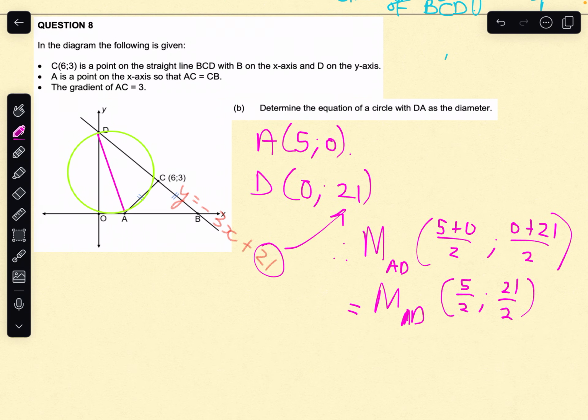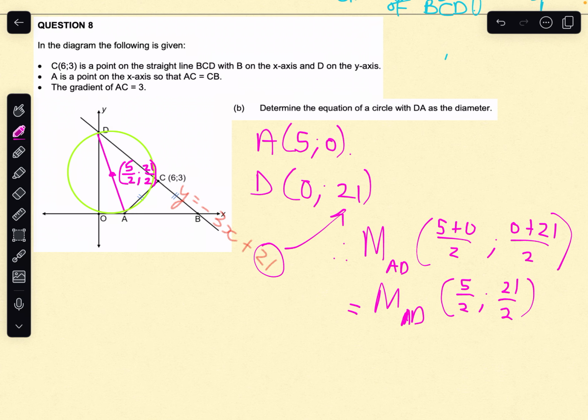Then the next thing is, what is the length of the diameter? Of course, you could also just work out the distance between the center and either A or D. Anyway, so this is 5 over 2 and this is 21 over 2.